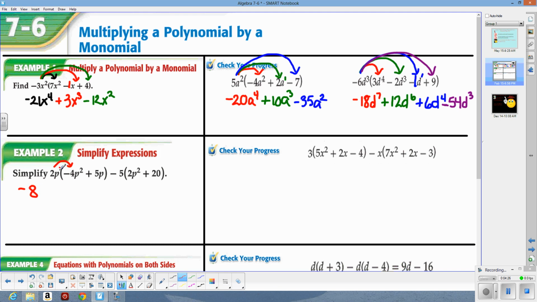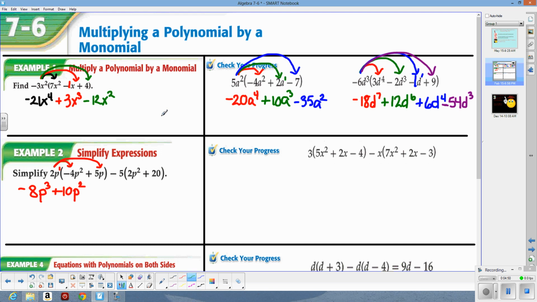And then p to the 1st times p squared is p to the 3rd power. You're adding those exponents for a total of 3 p's being multiplied together. Now 2p times a positive 5p. 2 times 5 is positive 10. And p times p is p squared.